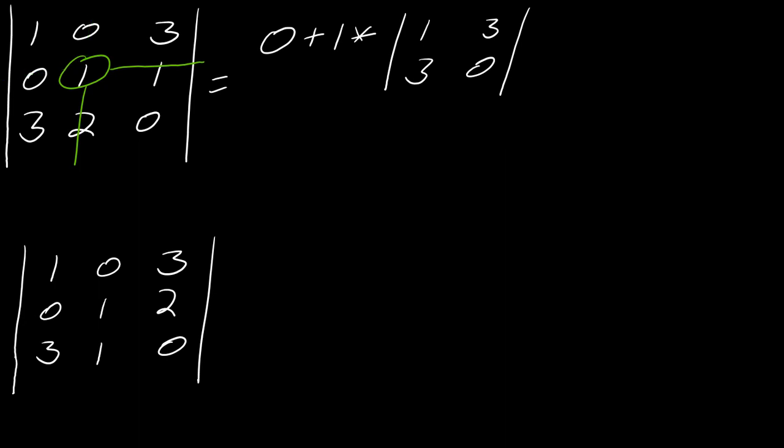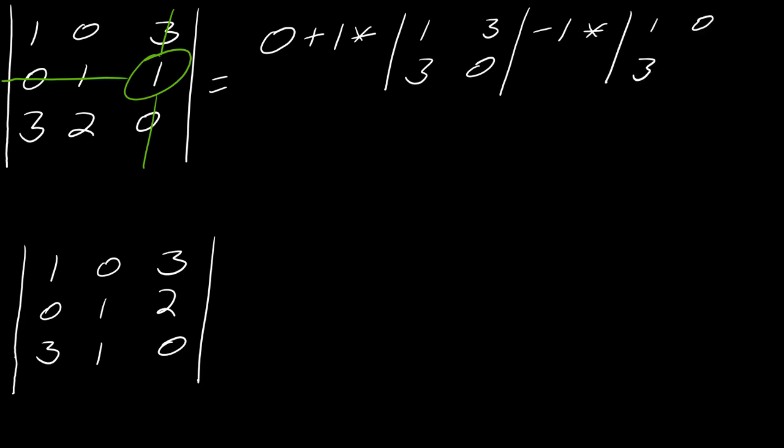Get rid of all that, and then we can continue along to this one. This will be minus 1 times, and if I look at what's left over, this will be minus 1 times 1, 0, 3, and 2. A lot of zeros in this matrix, so at least it'll be a little easier to calculate.